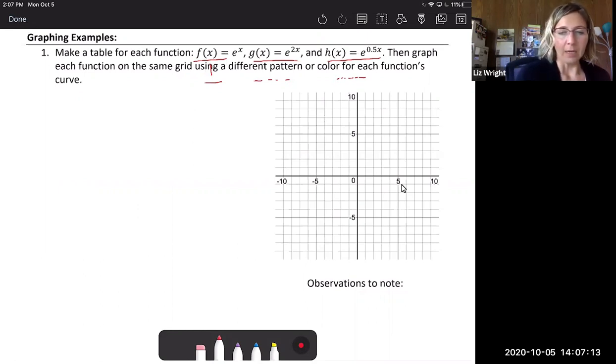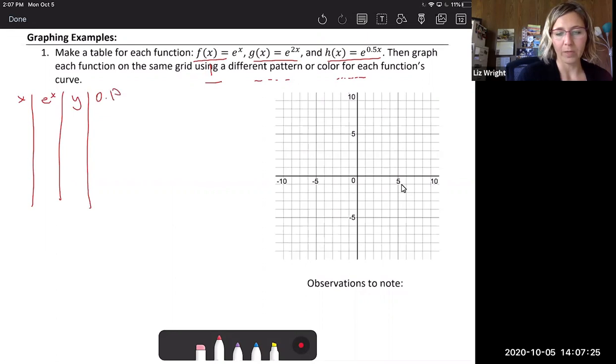All right, so for our first function, I'm going to do x and we're going to do that same thing where we just do e to the x, and then we're going to have a y, and then we're going to have an ordered pair. So this is the other thing I'm going to tell you. It might be a little bit easier for you.